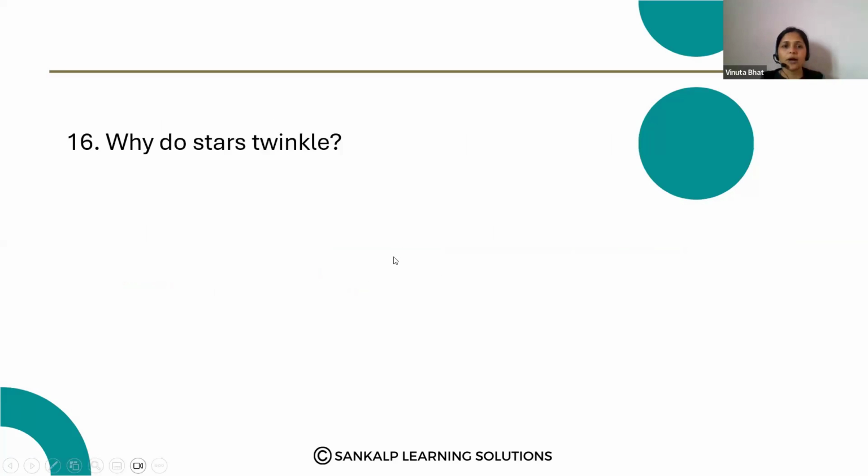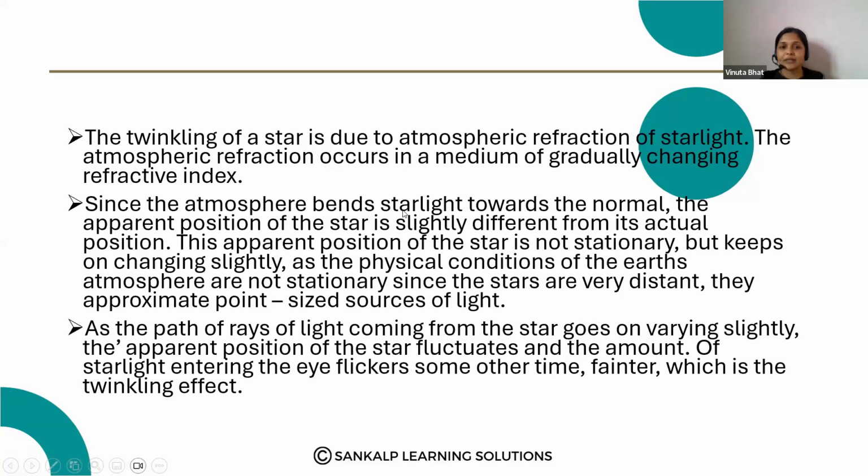Next question. Why do stars twinkle? What is the reason for this? The twinkling of star is due to the atmospheric refraction of starlight. Yes, we have studied the atmospheric refraction of the starlight. The atmospheric refraction occurs in a medium of gradually changing refractive index.